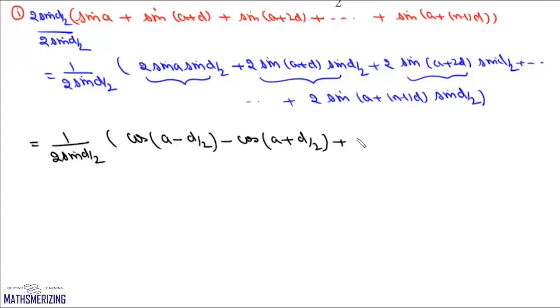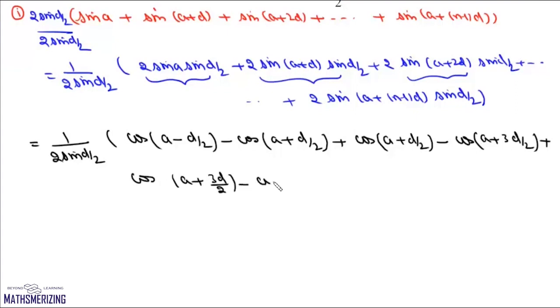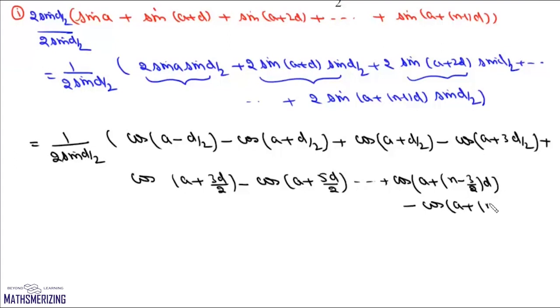Now for the second one, it will be cos a plus d by 2 minus cos a plus 3d by 2. Next one will be cos a plus 3d by 2 minus cos a plus 5d by 2, and in the end we'll have cos a plus n minus 3 by 2d and minus cos a plus n minus 1 by 2d.